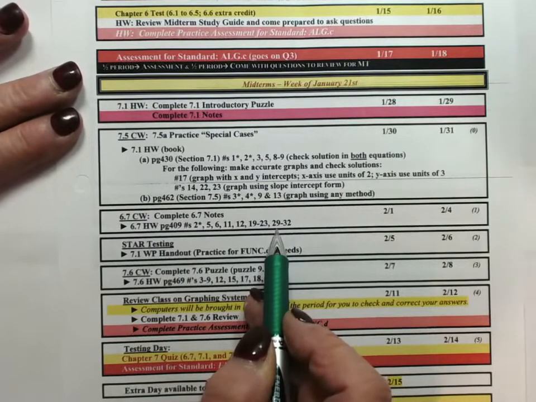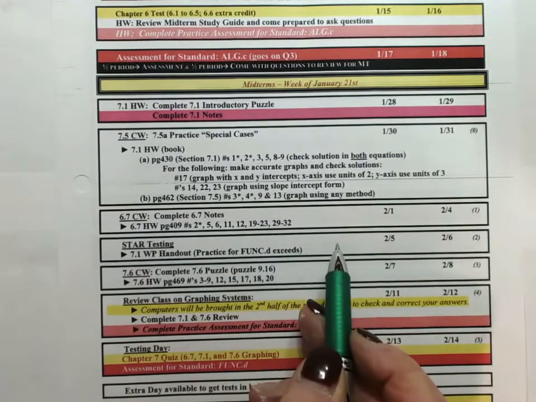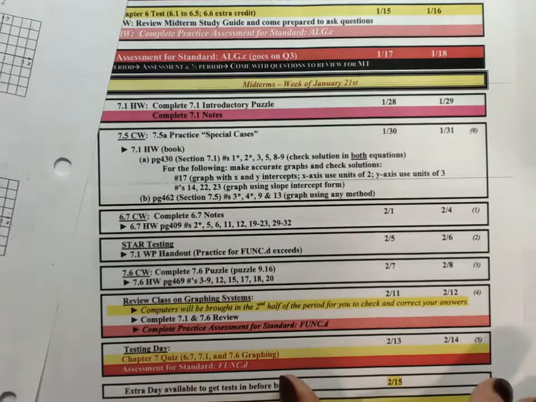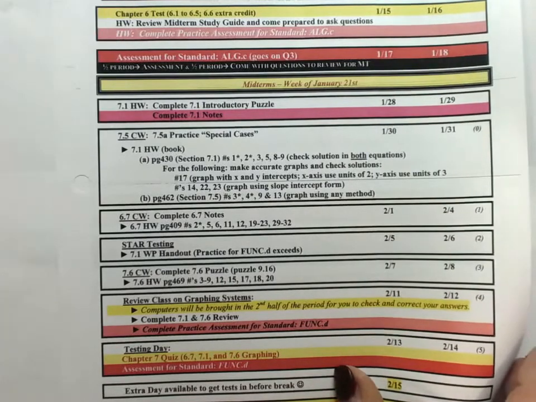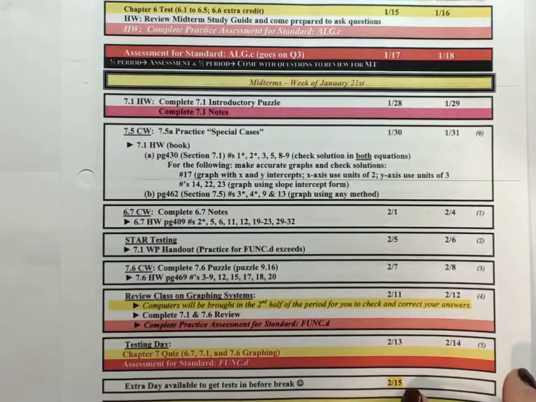So what I'd like to do now, that you know what your homework is, go to the back and do a few of these examples with you to make sure that you are all set with solving linear inequalities.